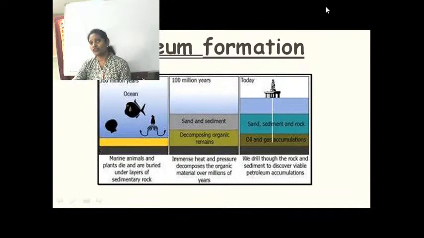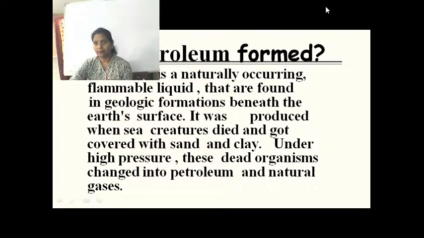Petroleum formation. Next, the marine animals, how they get deposited and converted into petroleum. Due to the immense heat and pressure, they get decomposed and these organic matter are converted into petroleum. Now how is petroleum formed?